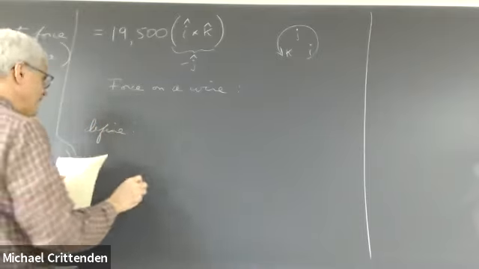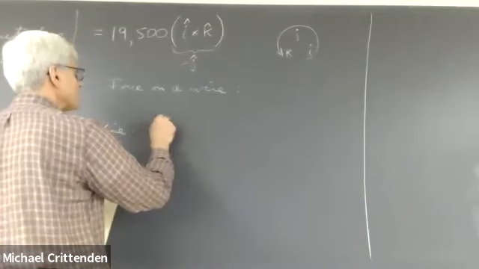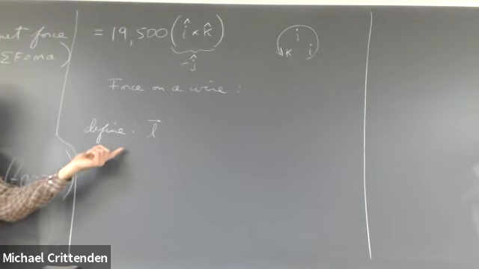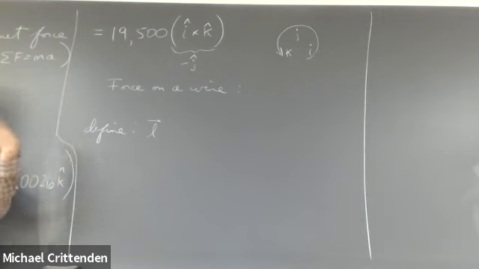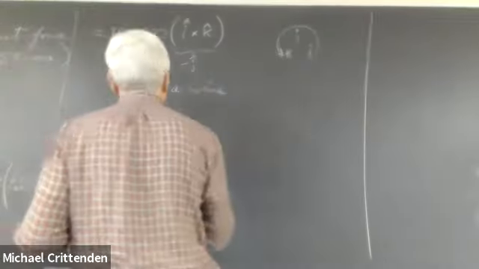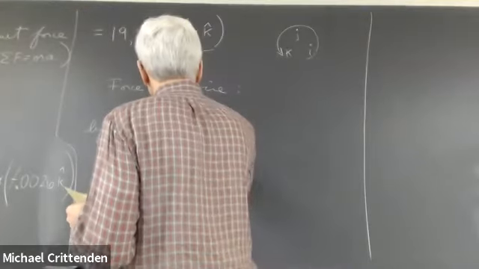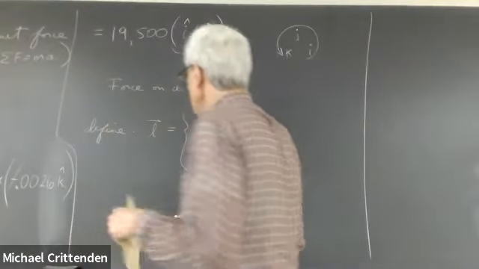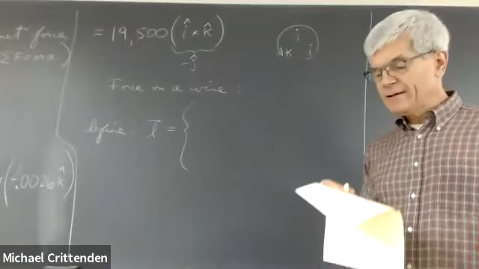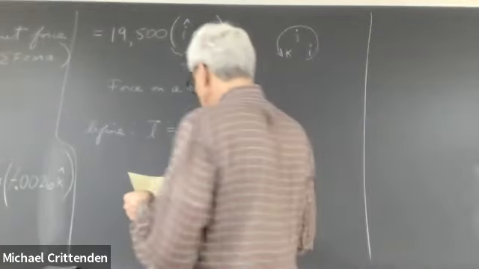I'm going to define a length vector, which works out better if you're writing than if you're typing because they all look like a 1 and nobody knows if it's a letter or a number. But the vector has a magnitude and direction. For its magnitude, it's the length of the wire.